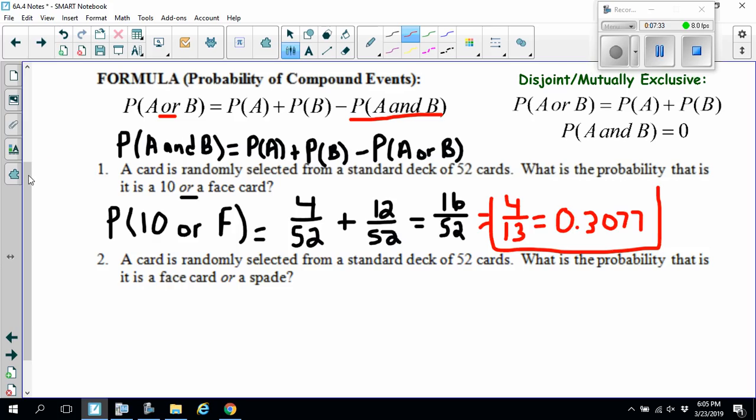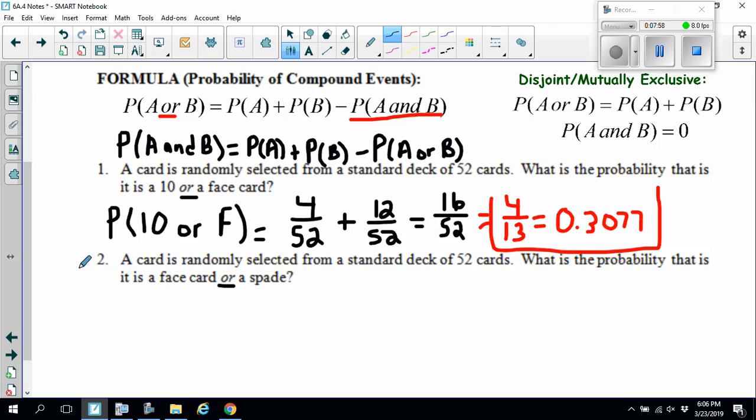Okay, let's go ahead and try number 2. It's going to be something similar. It says a card is randomly selected, once again, from a standard deck of 52 cards. What is the probability that it is a face card or a spade? Once again, we've got an OR problem, so we need to decide: is this a compound event or a disjoint event? Let's think about this. Can a face card be a spade?